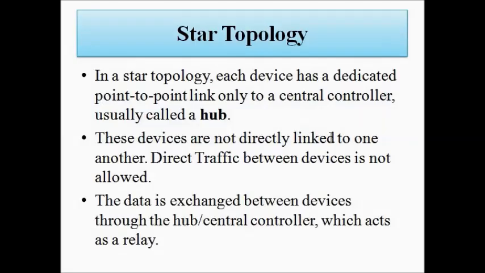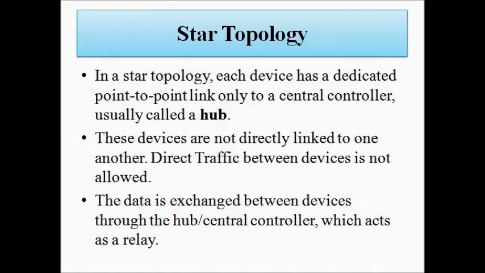In a star topology, each device or node, which can be a computer, a desktop, a laptop, a smartphone, or any peripheral device such as a printer, scanner, any hardware, is connected with the help of a point to point link to a central controller, which is called a hub.